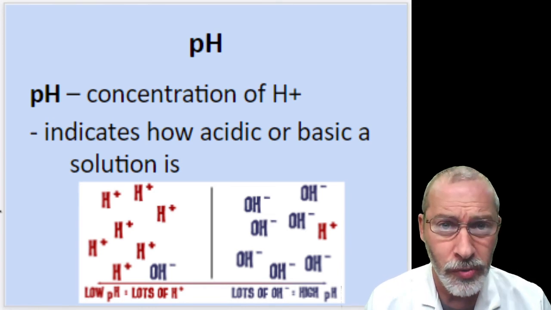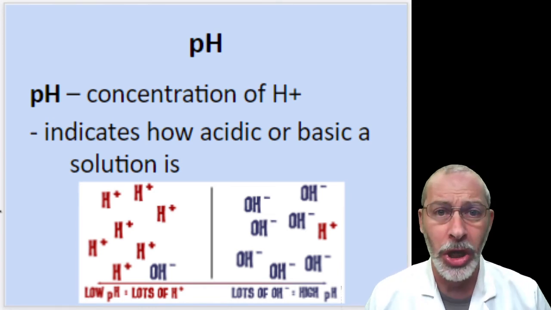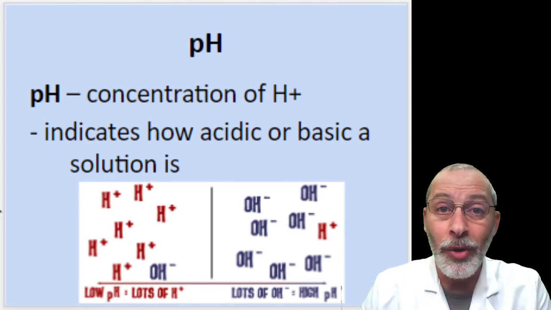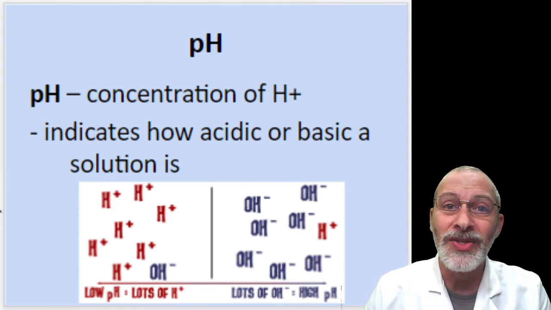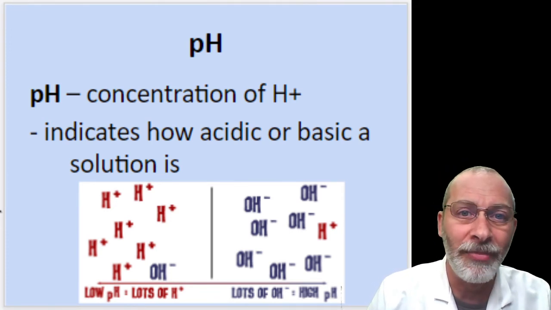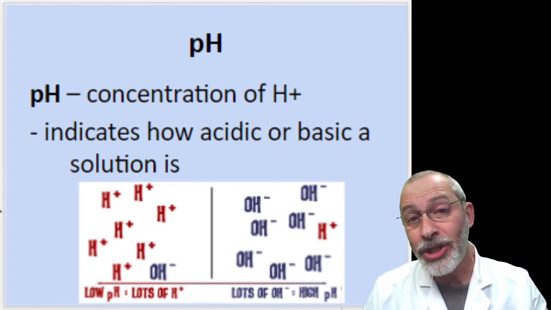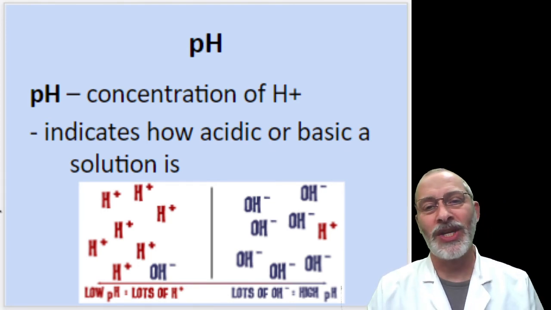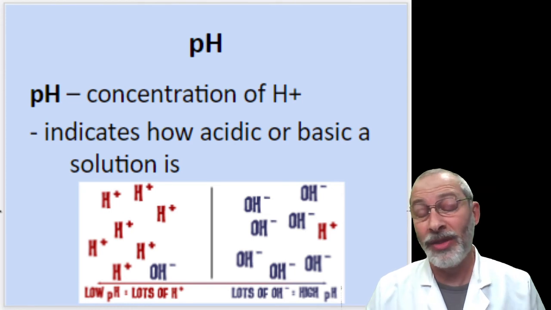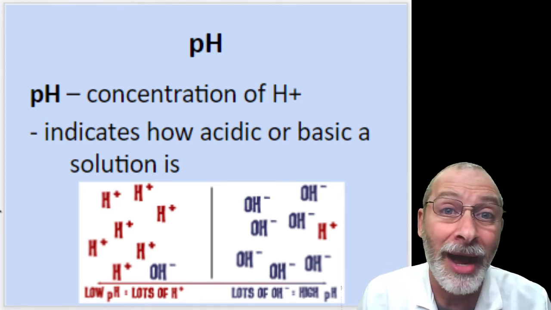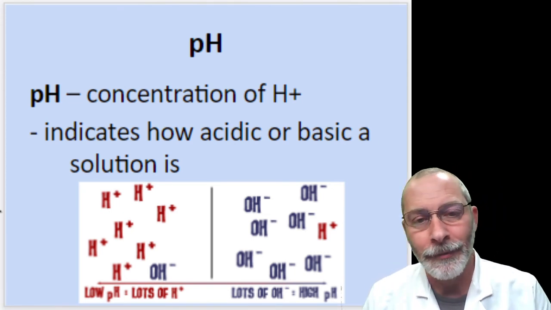Row, row, row your boat gently down the stream. No. Rho in mathematics means the concentration of something. So rho H, pH, means the concentration of something. Whether that's absolutely true or not, I'm not exactly sure, but that's what I've heard.